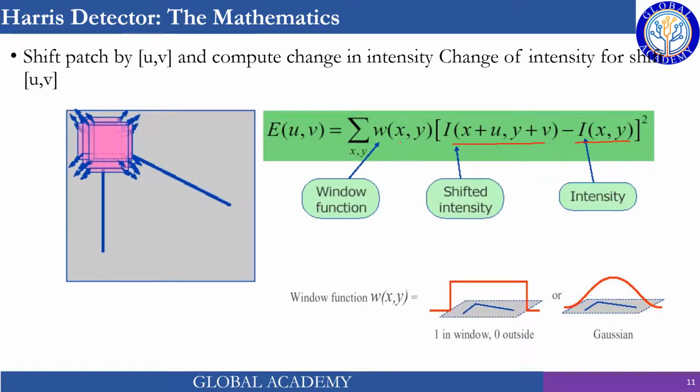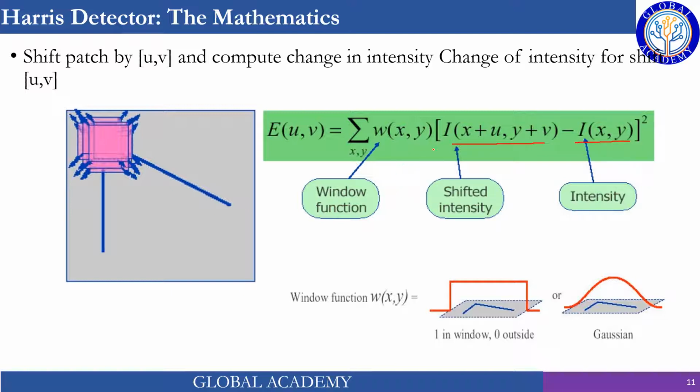The window could be a square window or a weighted window, but the main computation is between the original patch and the translated patch. Compute the difference, take the square, add them together to get the average change in intensity.